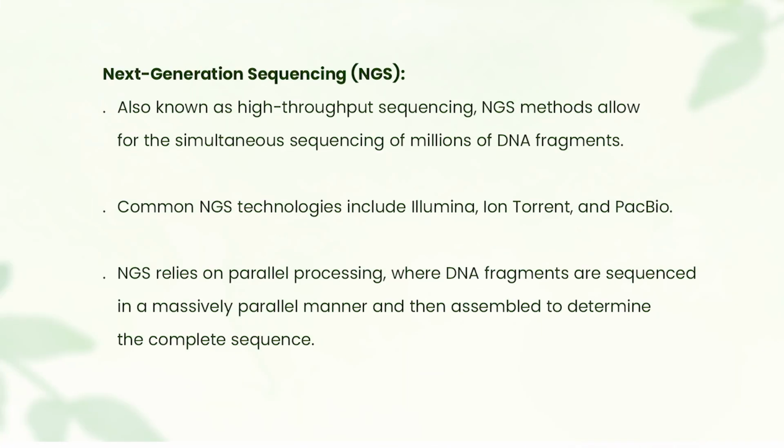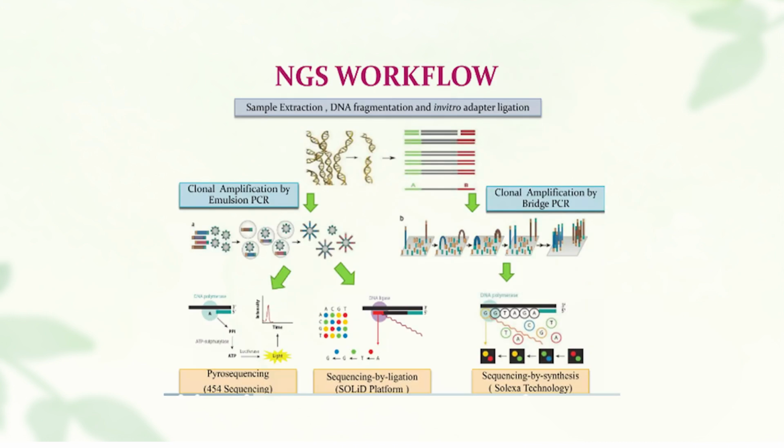Common NGS technologies include Illumina, Ion Torrent and PacBio. NGS relies on parallel processing where DNA fragments are sequenced in a massively parallel manner and then assembled to determine the complete sequence. This is the workflow of next generation sequencing.